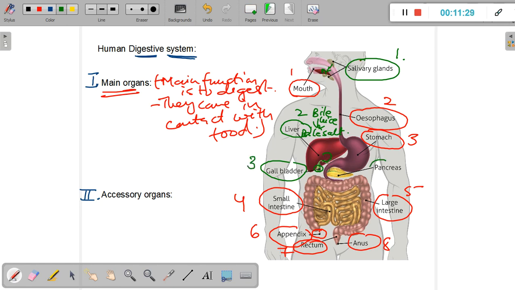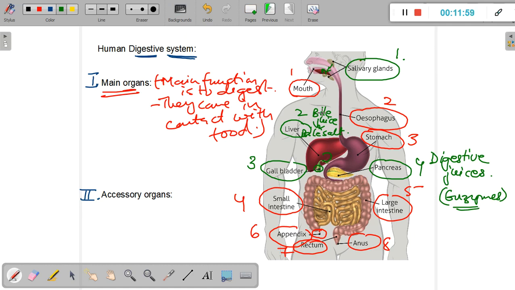The fourth accessory organ is called the pancreas. The pancreas also produces digestive enzymes. You can also call them juices, but these are not the juices that you drink. Juice is basically a liquid content which is rich in enzymes. Enzymes are special proteins that perform special functions, and in this case the digestive enzymes perform the process of digestion.